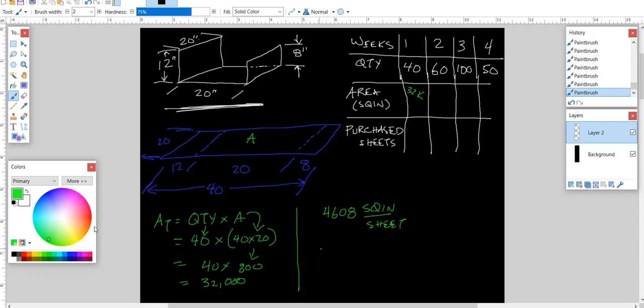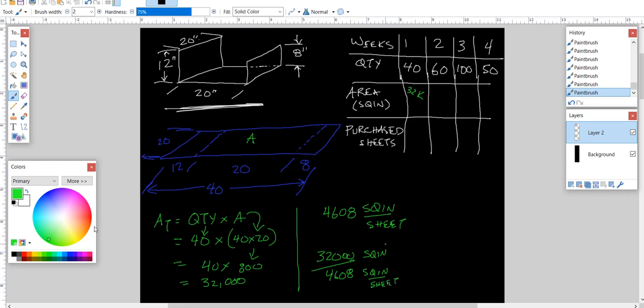And so if I divide the 32,000 by the 4608, so this is square inches, and this is square inches per sheet.